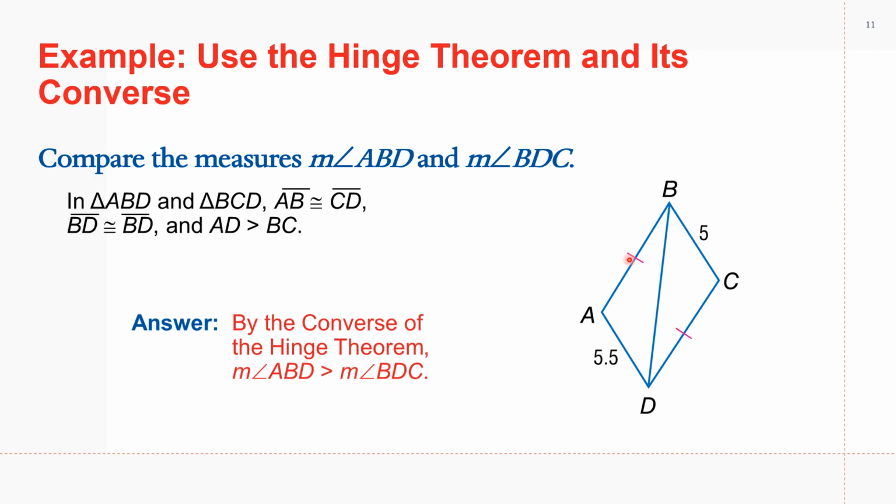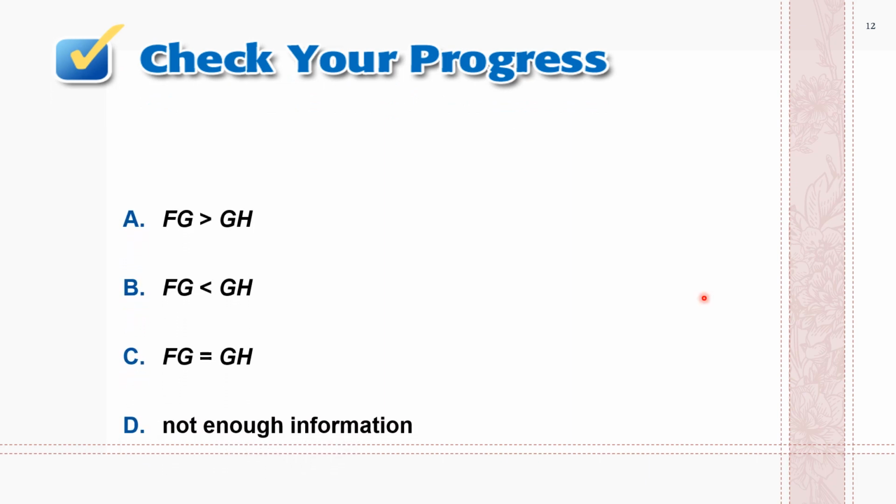Right, this side here. So the measure of ABD is greater than the measure of BDC. Okay, let us check your progress.